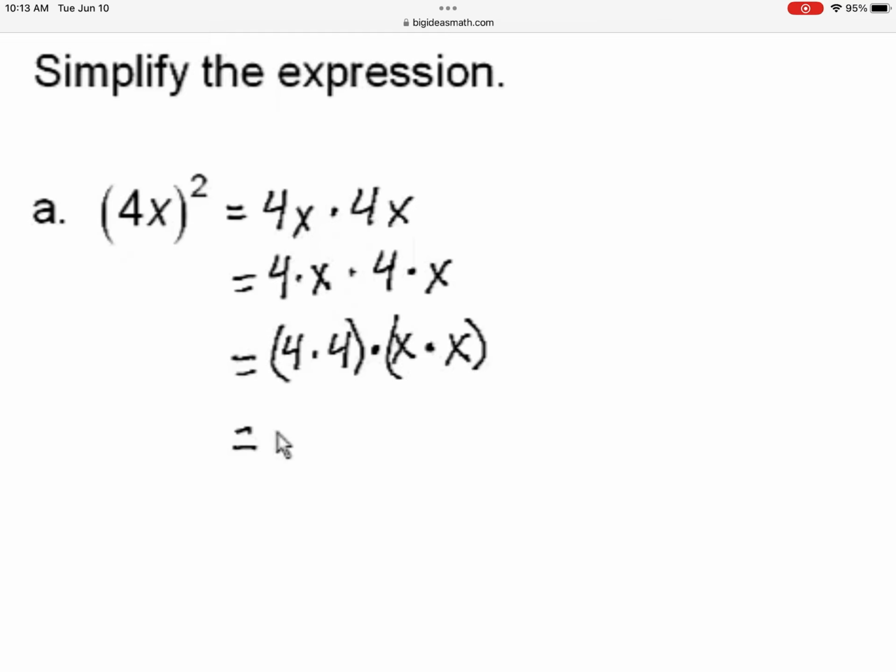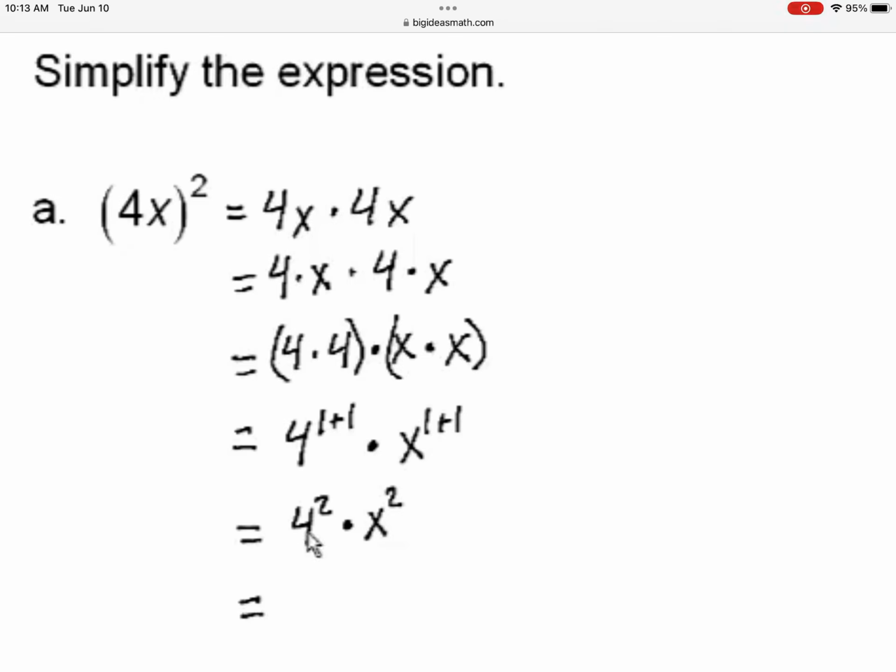Next, we can use the product of powers property to add the exponents. We have the base 4 with the exponents 1 and 1. And we have the base x with exponents 1 and 1. When we add the exponents, we get 4 squared times x squared.